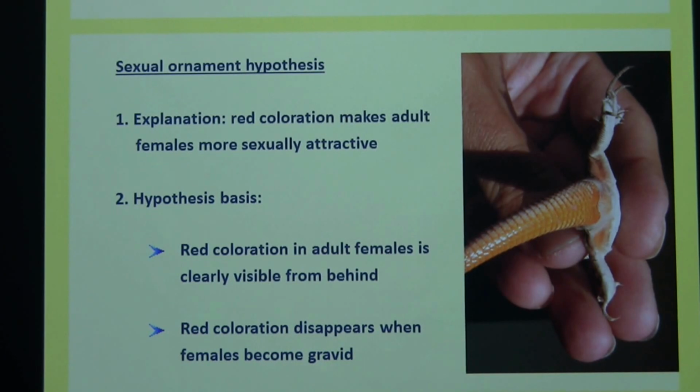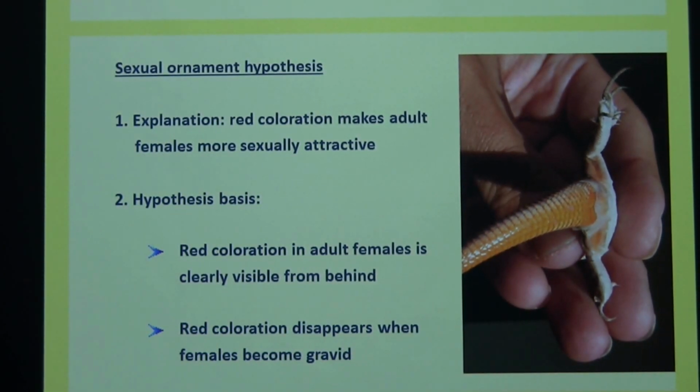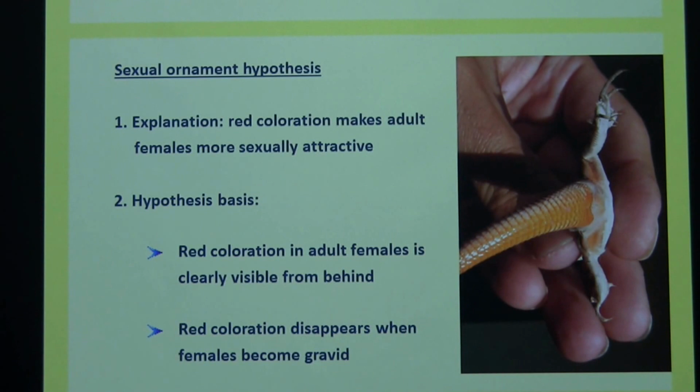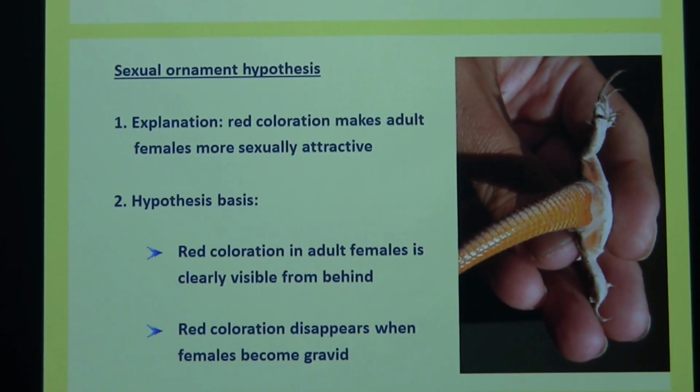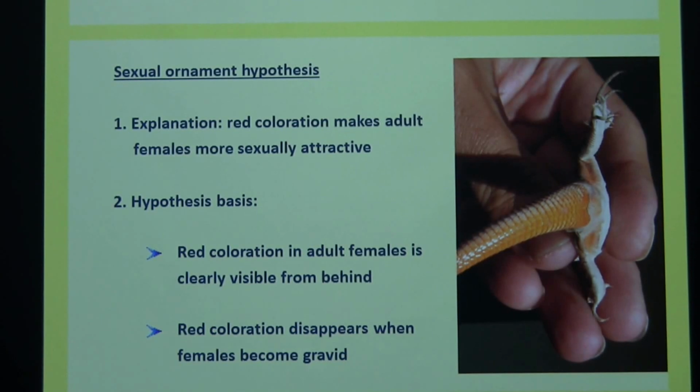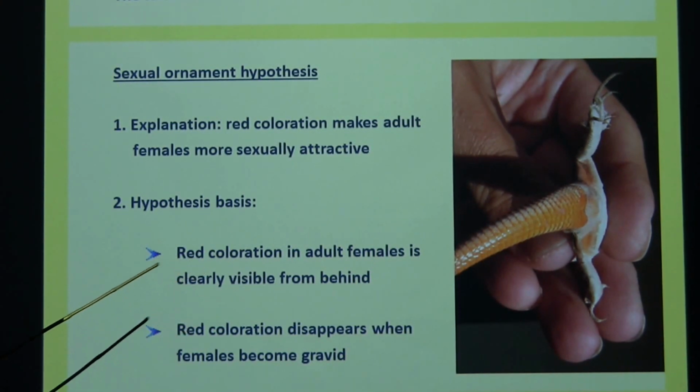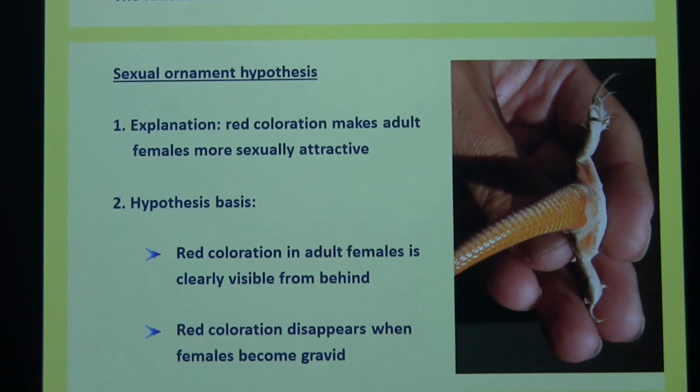And finally, I will talk about the sexual ornament hypothesis in adult females. According to this hypothesis, red coloration makes adult females more sexually attractive to males. The hypothesis is based on two characteristics of the red color. Red coloration in adult females is visible from behind, so it's visible to other lizards.